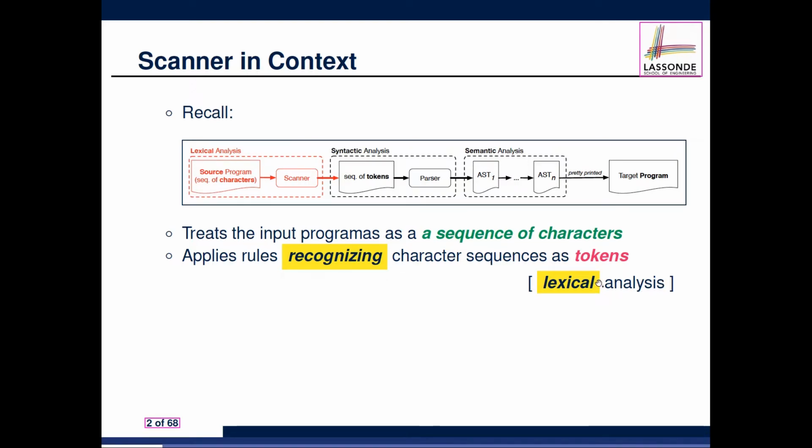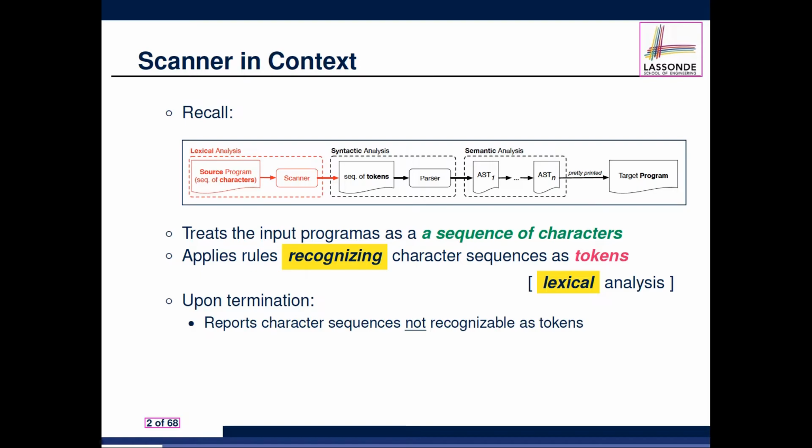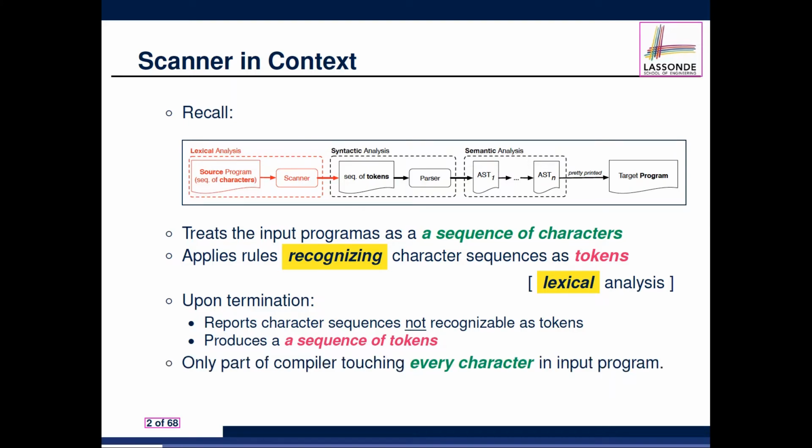Recognize tokens in lexical analysis, and then once you terminate the scanner, what will be the outcome? It should report what's not being recognized as tokens, what's being misspelled, and also produce a sequence of tokens if nothing is misspelled. This is the only part of the compiler that looks at character by character. After that, the parser is going to look at token by token.